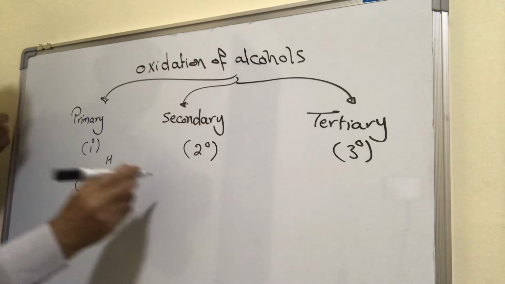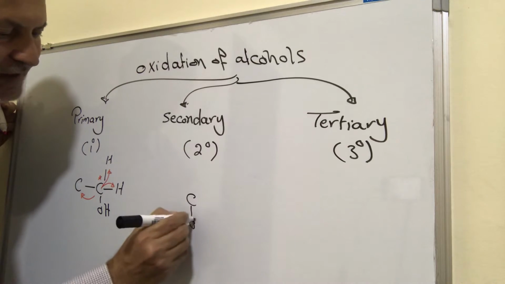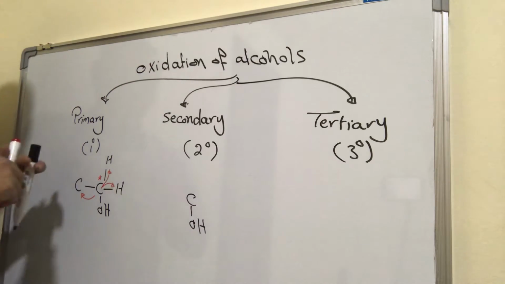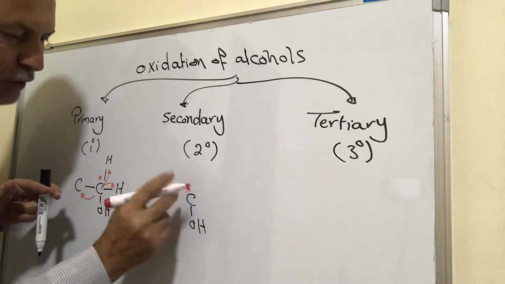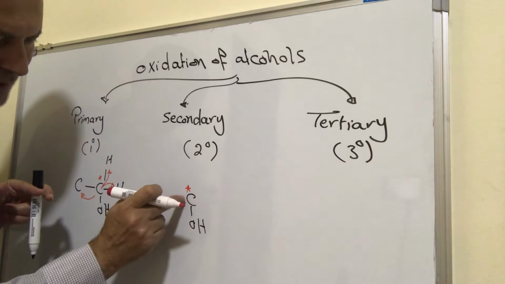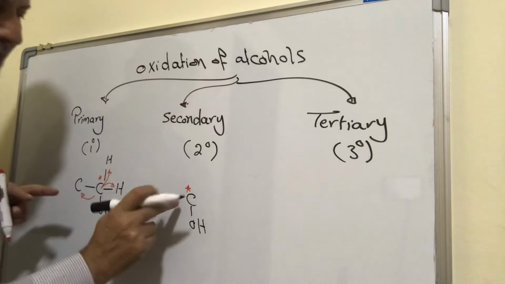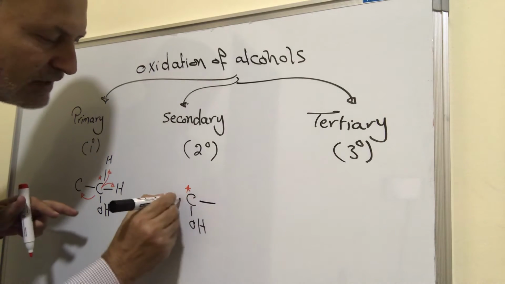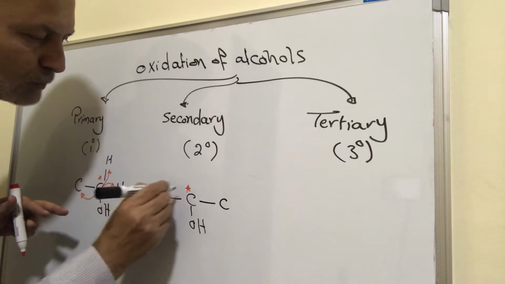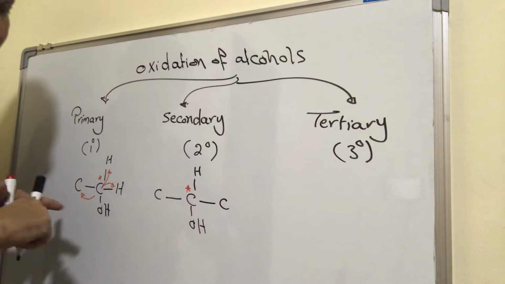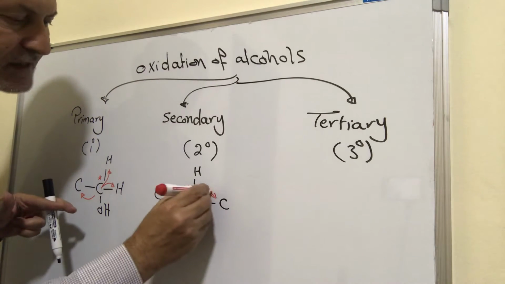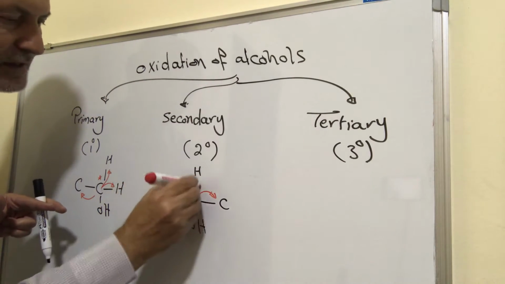In the secondary, what characterizes it is that the alcoholic carbon, which means the carbon directly bonded to OH, has beside it 2 carbon atoms and 1 hydrogen atom. Now the alcohol is classified as secondary.